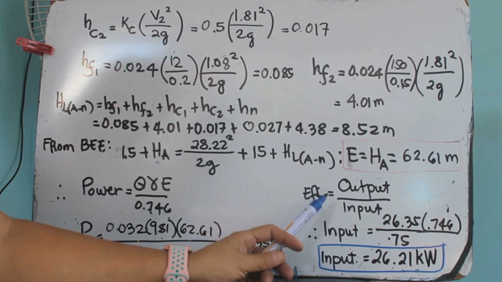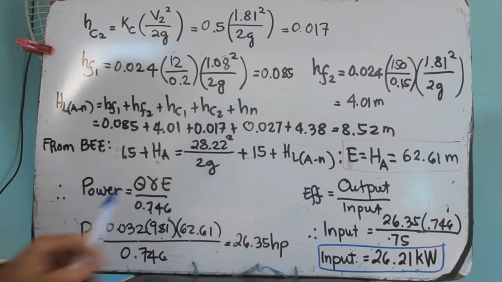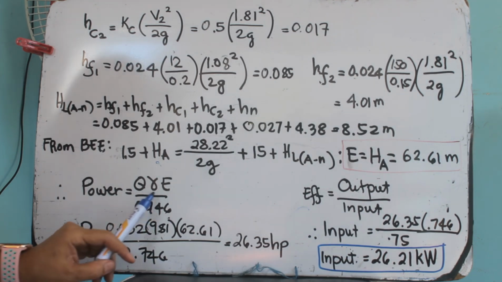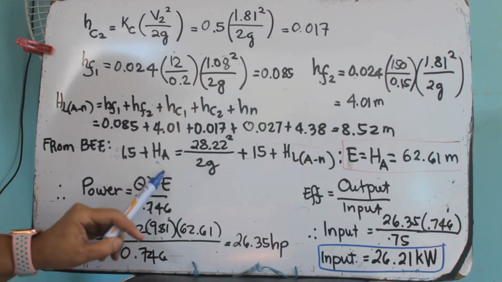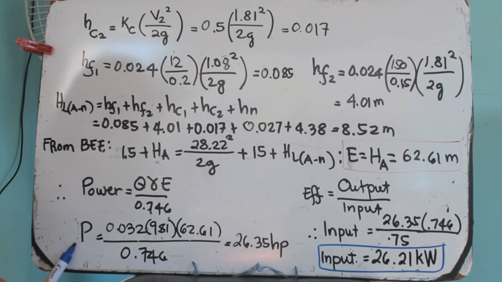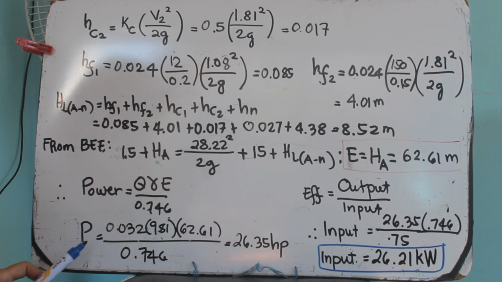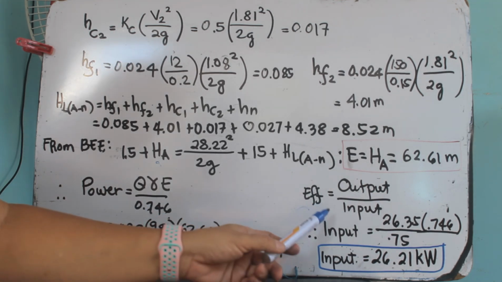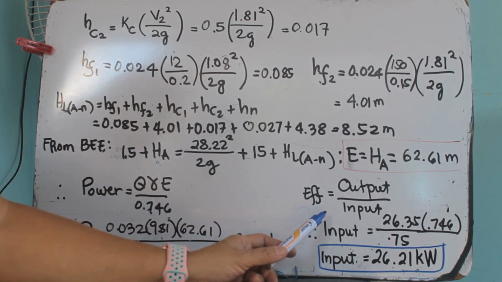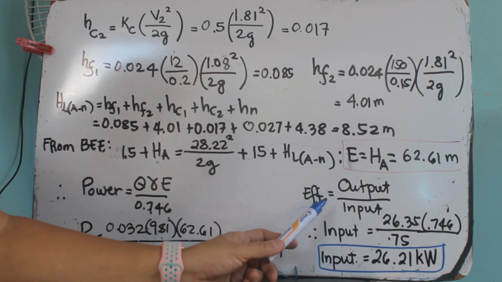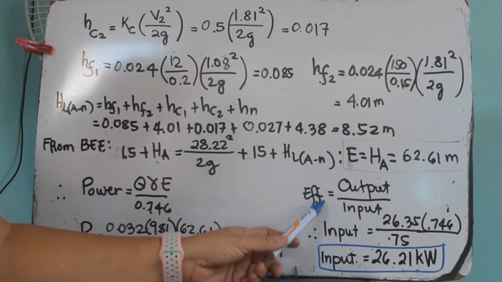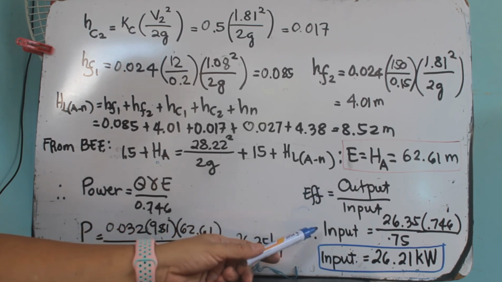Now, P is, ito yung power output, kasi nanggaling do sa energy added. So, kuhanin natin yung input. Okay, the efficiency of the pump is only 0.75.